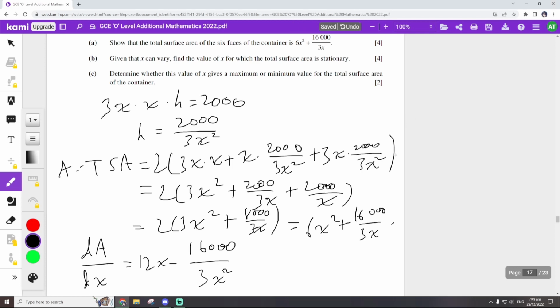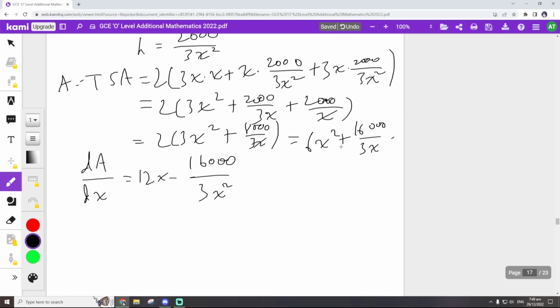So we're going to solve for dA/dx being 0. Let dA/dx equal 0. If I multiply both sides by 3x squared, you'll get 36x cubed minus 16,000.